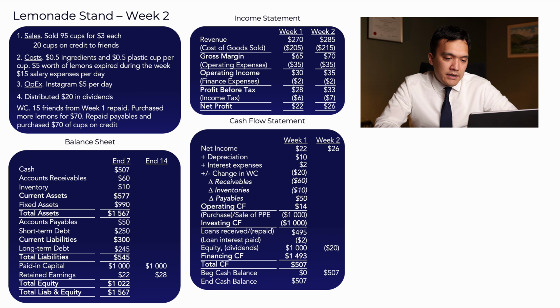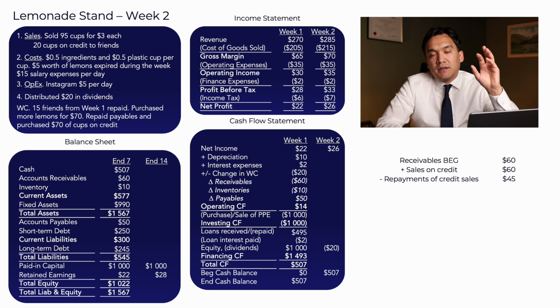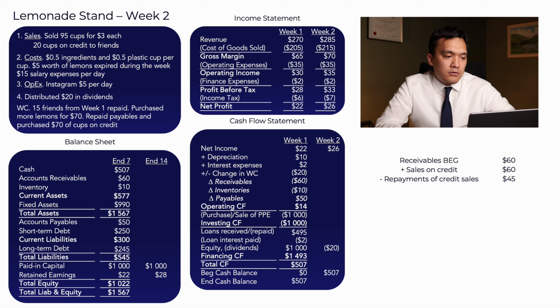Now let's have a look at the accounts receivables balance. At the beginning of week 2 we had $60 of accounts receivables plus 20 cups we sold on credit multiplied by $3 each, $60 of cups on credit, and we received $45 from our 15 friends. So 15 cups times $3, we received $45 from our friends from week 1.